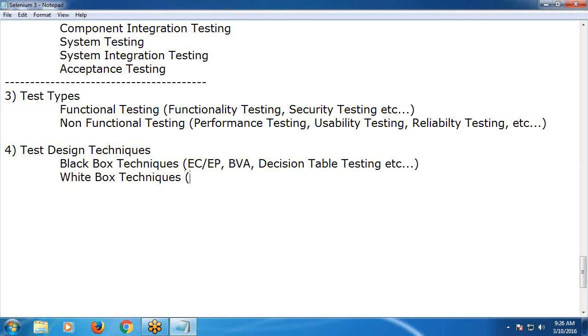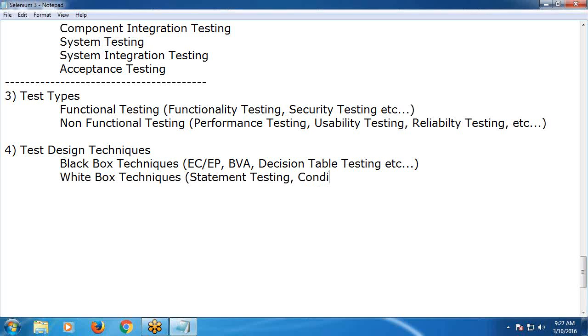Next, white box test design techniques. Smita, give 1 or 2 examples for white box techniques. Statement testing. Yes, decision testing also.